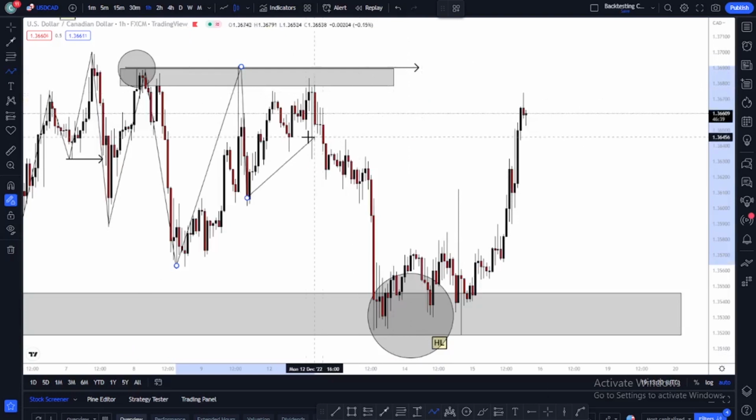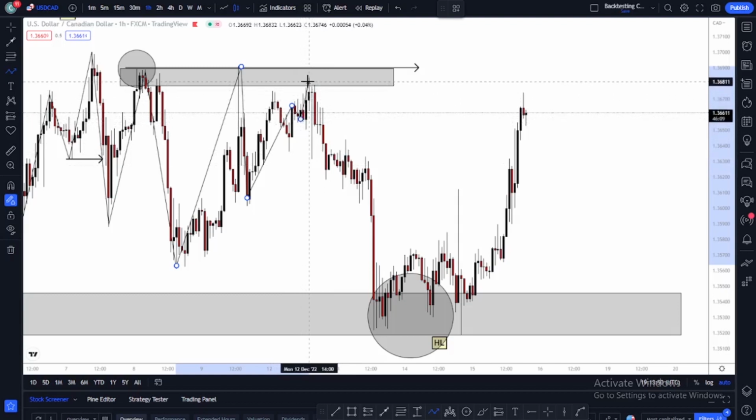And study the candlesticks as price was going towards the zone. It started to shrink right here. This small candlestick should tell you that the momentum price was using to get to that zone was small, wasn't enough, but it still managed to get into that zone.